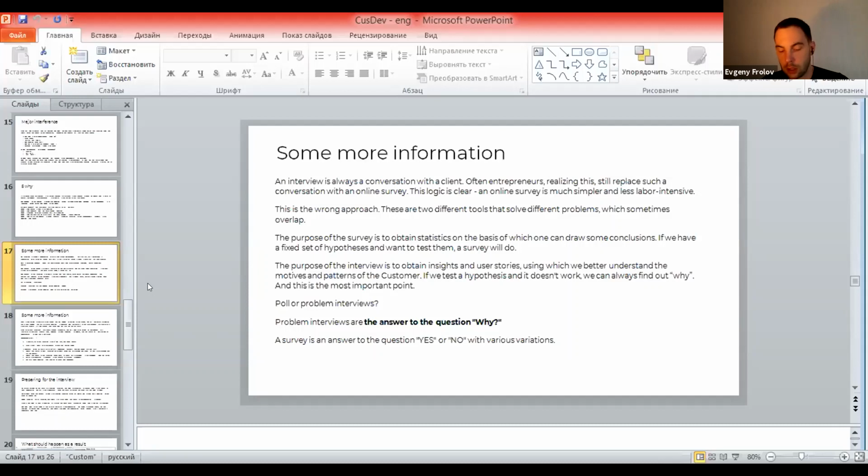your partner on the interview, and to ask him to write down all answers to your interview, because it's really hard to keep the live conversation while you try to write down the answer of the respondent. It's really hard, and most probably you will forget something, you will miss some important things.